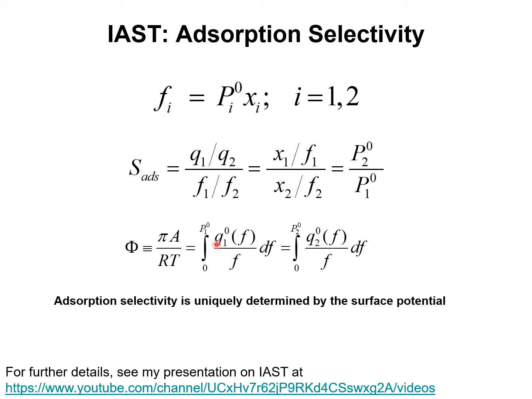Now, for thermodynamic equilibrium to hold, the sorption pressures P10 and P20 yield the same value of the surface potential, and therefore these expressions imply that the adsorption selectivity is uniquely determined by the surface potential, irrespective of the compositions in the bulk fluid phase mixture.